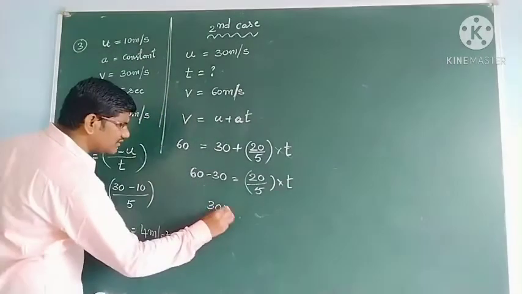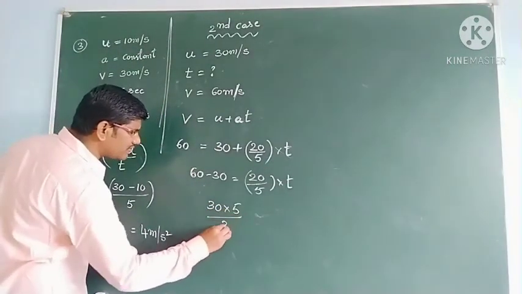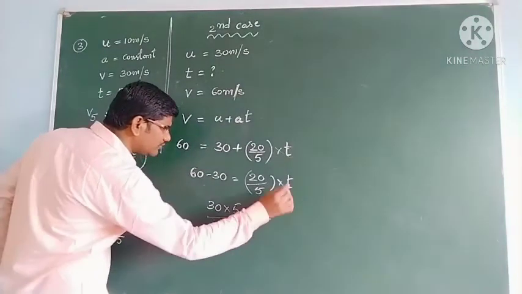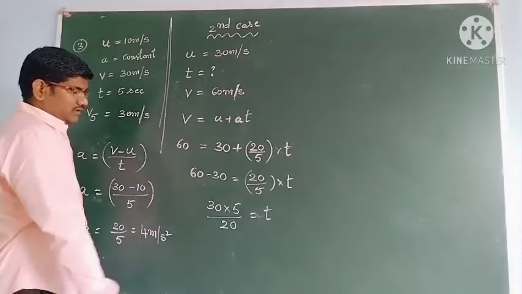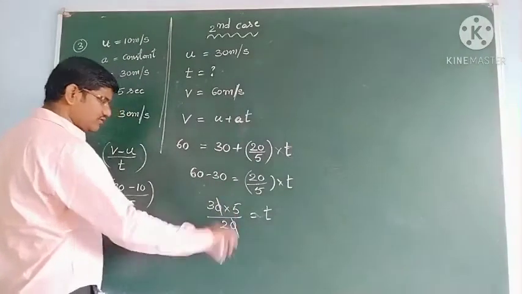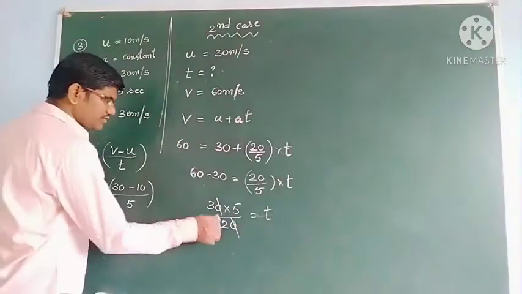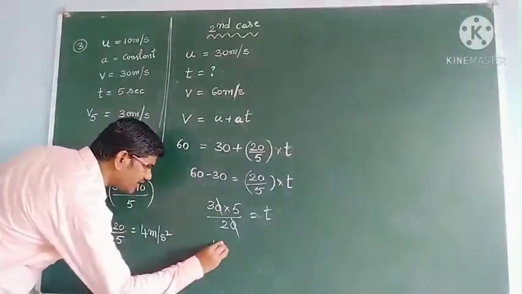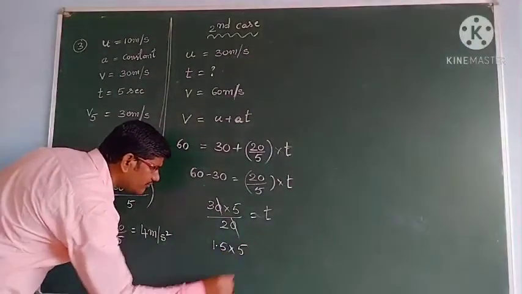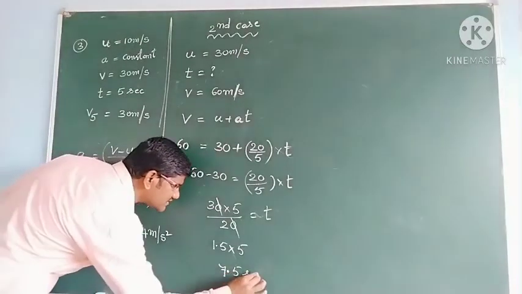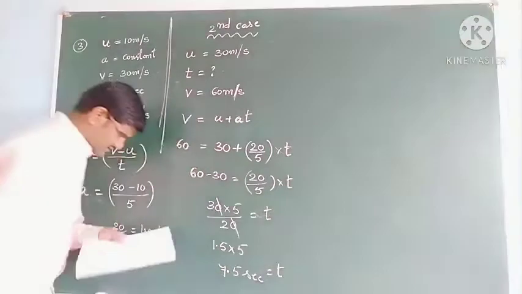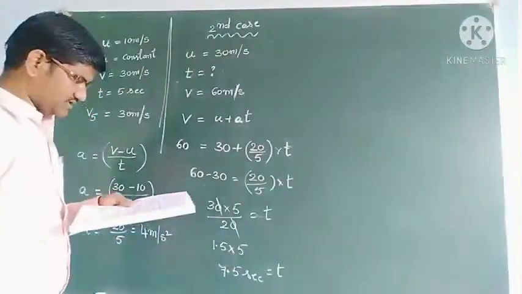Then 30 into 5 by 20 is equal to t. This 0 gets cancelled. So 3 by 2 is 1.5, 1.5 into 5 is 7.5 seconds. So the time is 7.5 seconds.